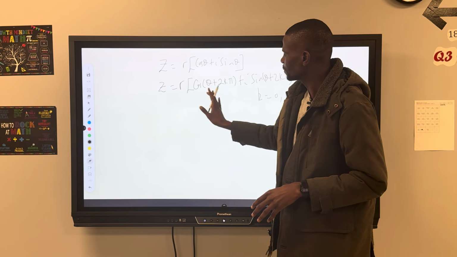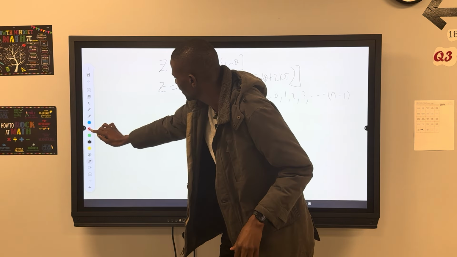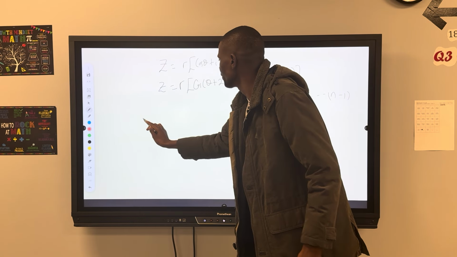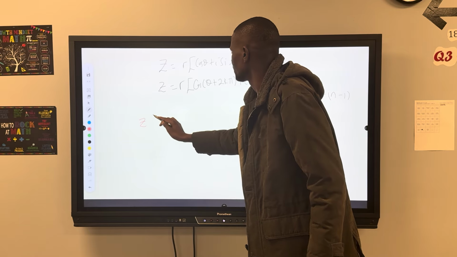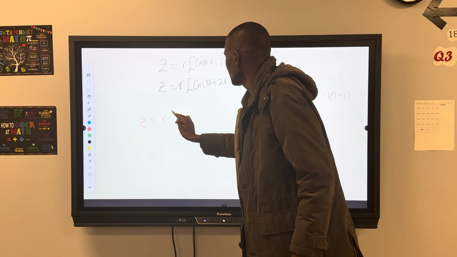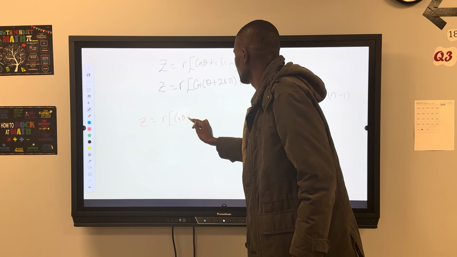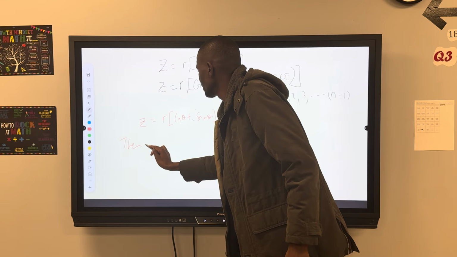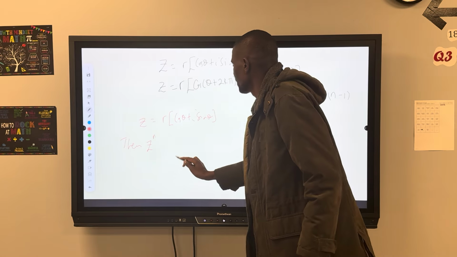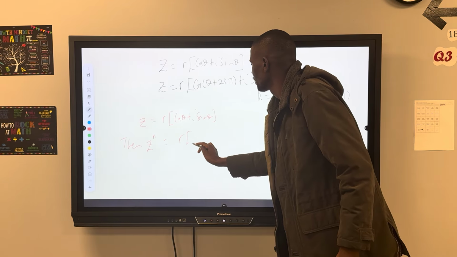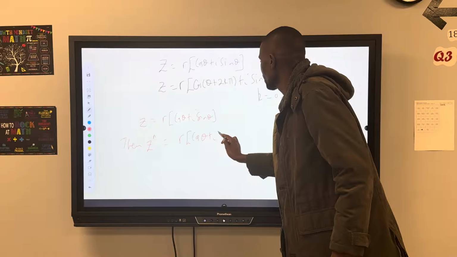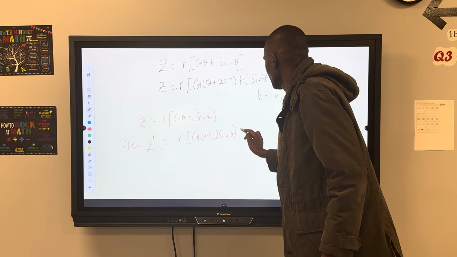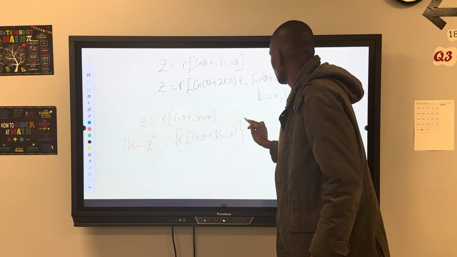Now, let's pause here. Then I'll take you back to De Moivre's theorem, where we know that if Z is equal to r (cos theta plus i sine theta), then Z to the n is equal to r to the n, (cos theta plus i sine theta) all being raised to the power of n.